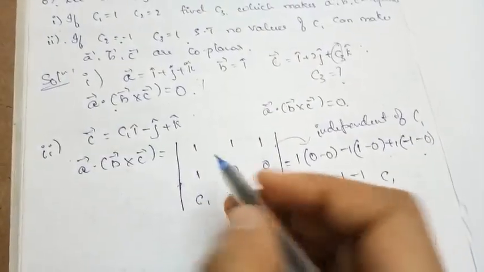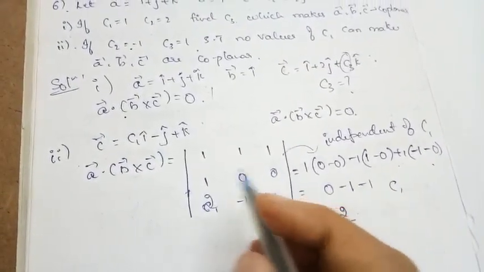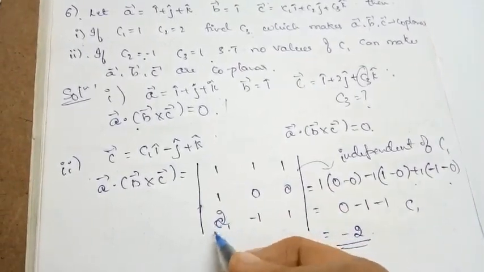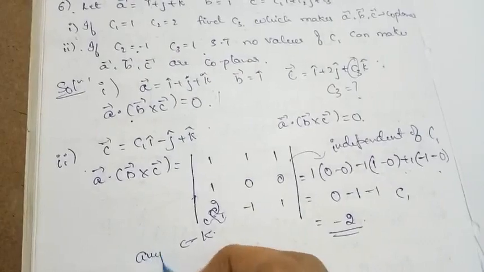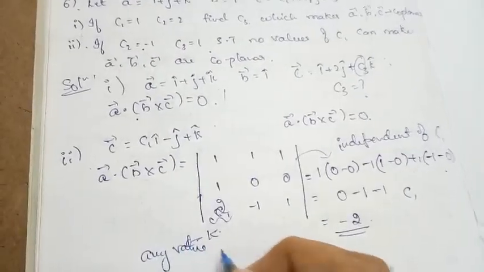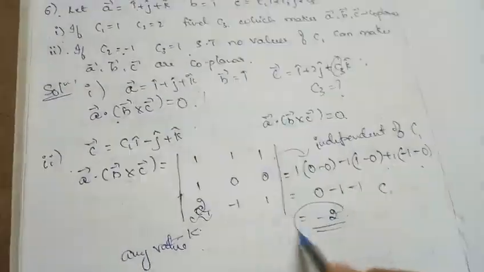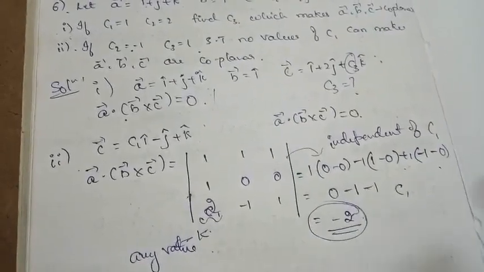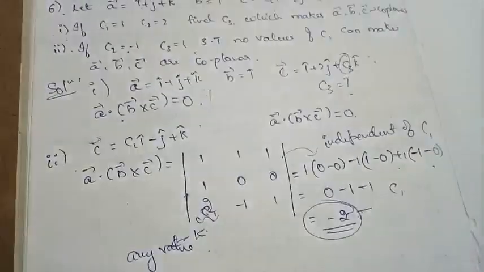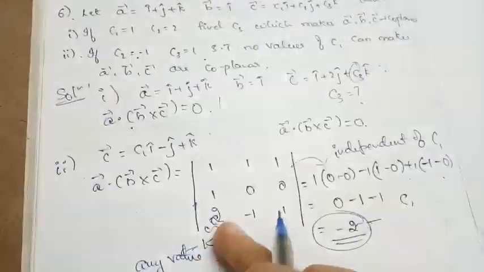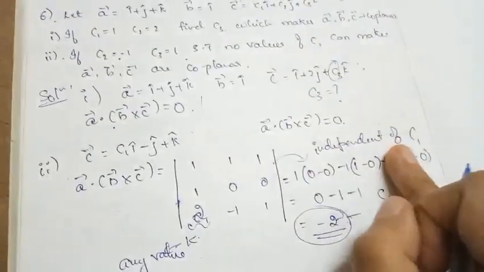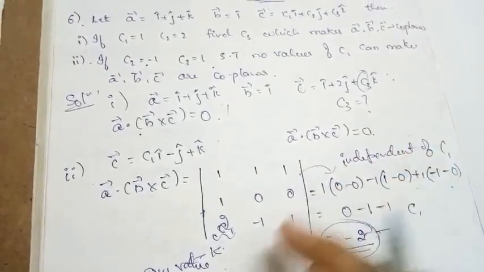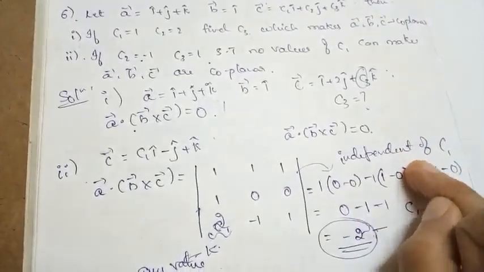Suppose you take C1 equal to 2, or any value in the place of C1, you are going to get the value of the determinant equal to minus 2. There is no change in the value of the determinant if you go on changing the value of C1. So the determinant is independent of C1.